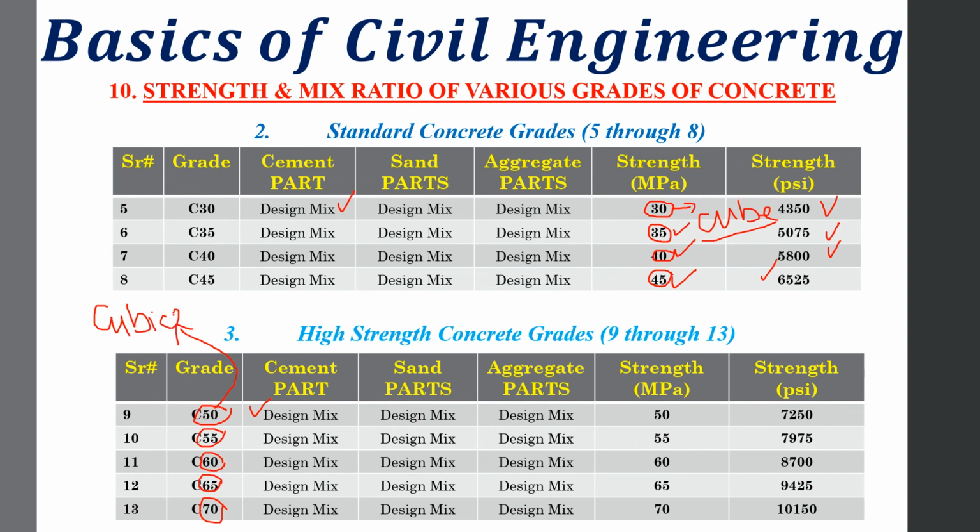These are not cylindrical strengths. ACI codes always recommend or write the strength of concrete in the form of concrete cylindrical testing.